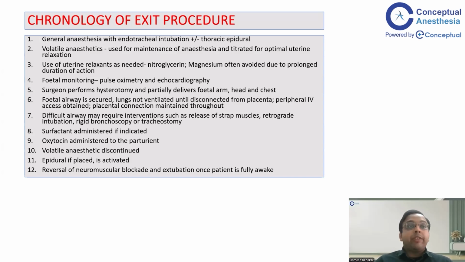In the fetus, peripheral IV access is obtained, and the main point, or crux, of the case is that placental connection has to be maintained throughout the procedure. Sometimes, if you are anticipating a difficult airway, you might require specific interventions such as release of strap muscles, retrograde intubation, rigid bronchoscopy, or tracheostomy.